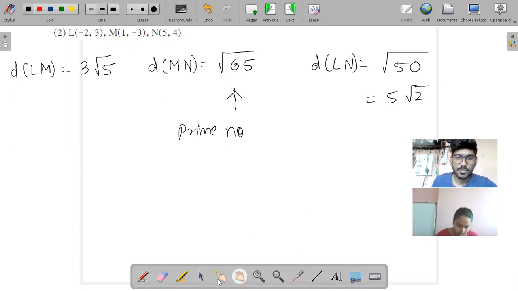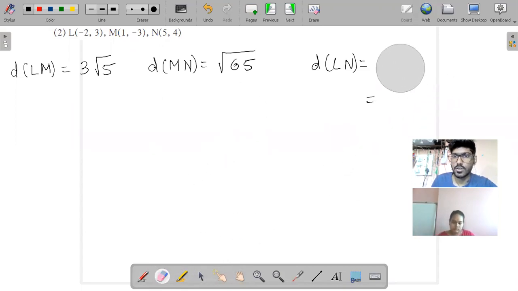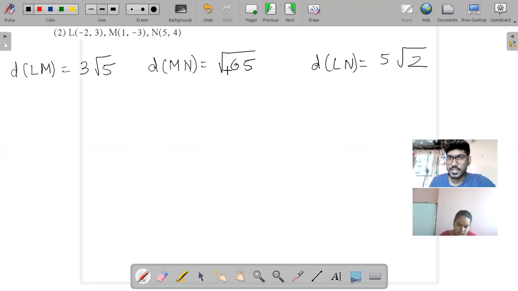Now we have to check whether they are collinear or not. One thing, if you notice, inside the root, in all the 3 cases, there are different numbers.